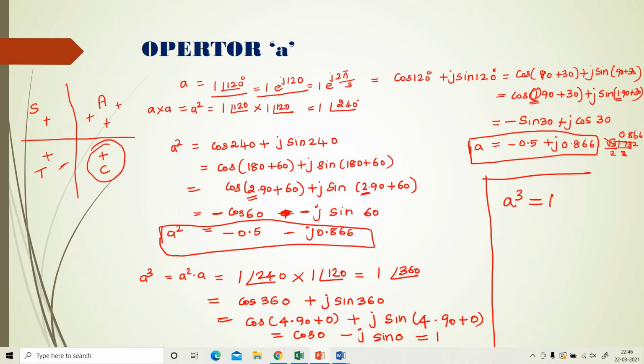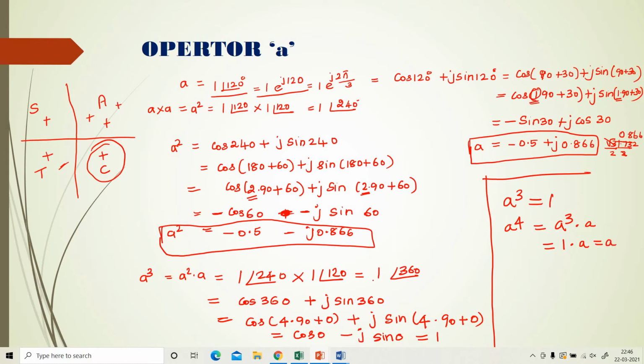Next I am going to find out A power 4. How do we get A power 4? Can we write A power 4 as A cube into A? So what is A cube? A cube is 1. So 1 into A. What is A power 4?